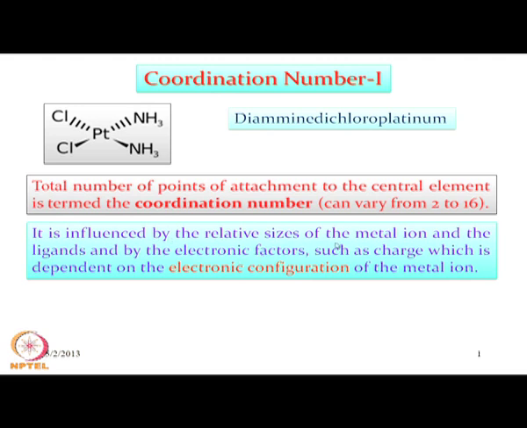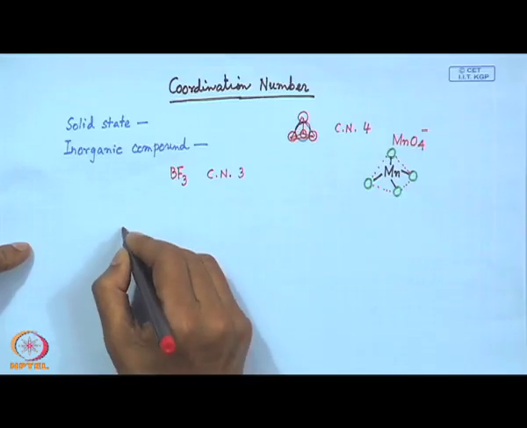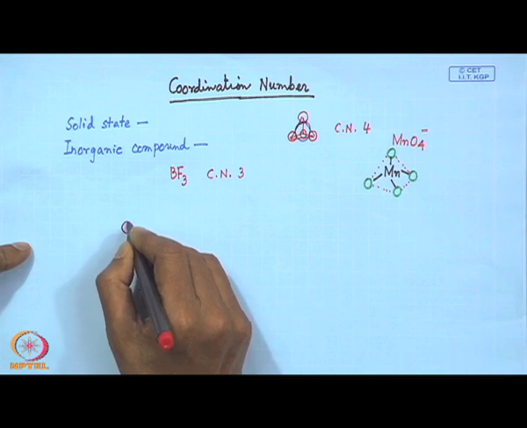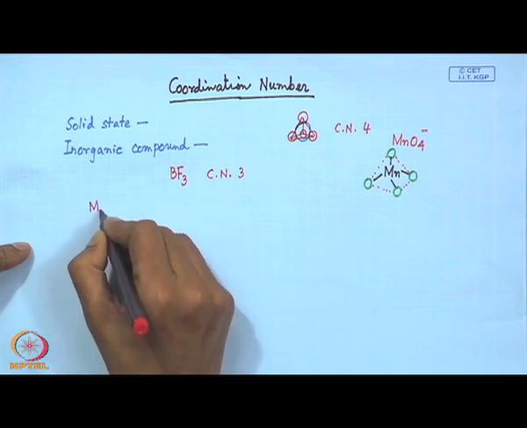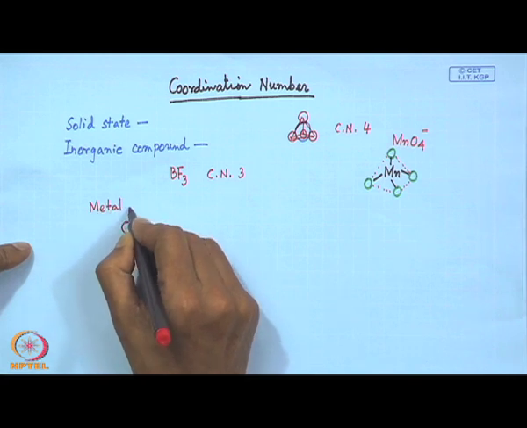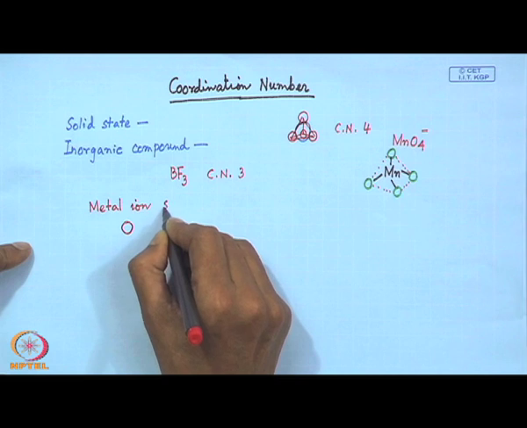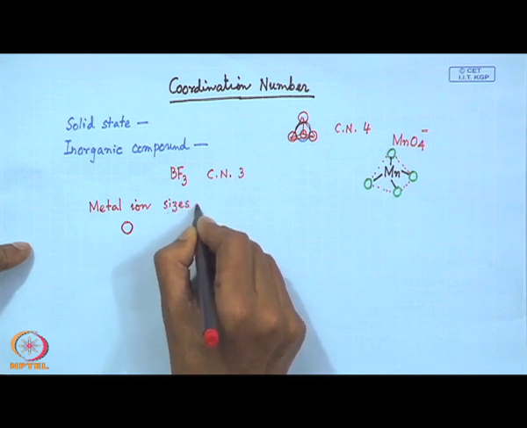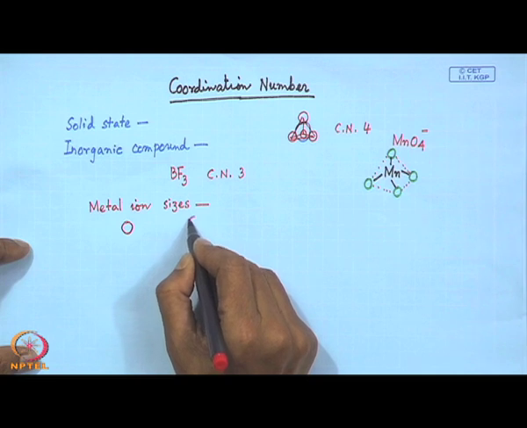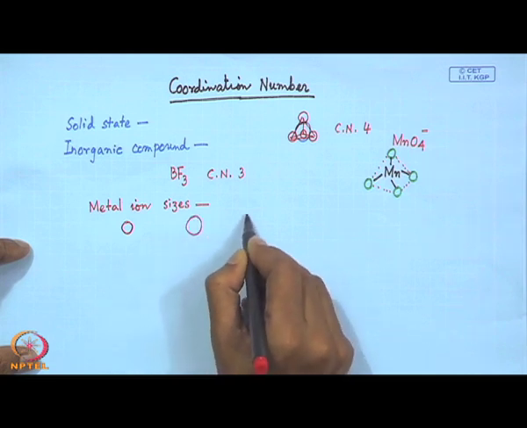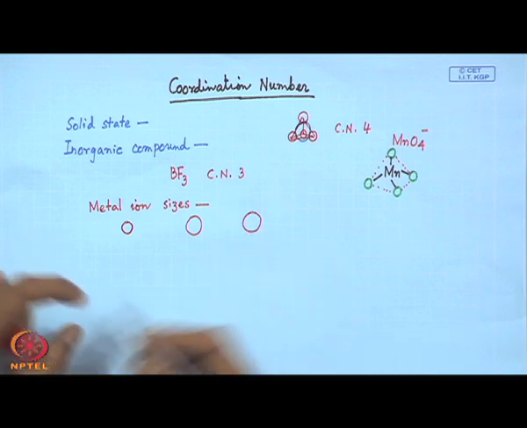So, the relative size of the metal ions and ligands are the corresponding determining factors, and the relative size of these ligands and metal ions will serve the purpose of choosing the corresponding coordination number. So, if we have a small metal ion, that means the metal ion sizes are important, and if we can have relatively bigger and bigger ones.